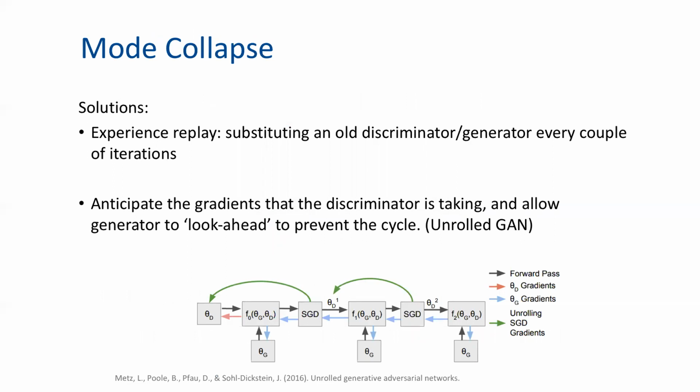So there's a variety of solutions. One of the first ones was using experience replay to kind of average over time, substituting an older version of the discriminator or generator, so that they really can't have this dynamic behavior. And yeah, I think that's intuitive why that would work, and it does.